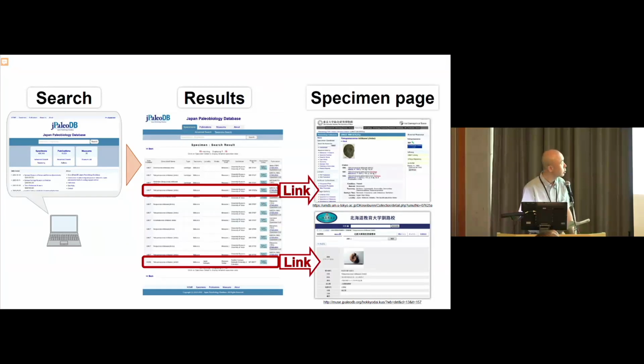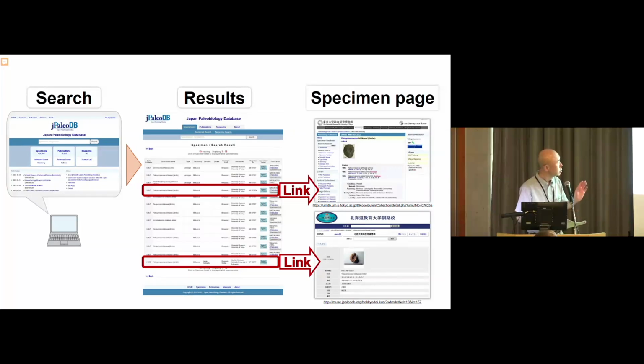This is a basic function of this site. When you search, as a result, a table is displayed. Then each result row links directly to each specimen page on each museum or institution's WebDB.